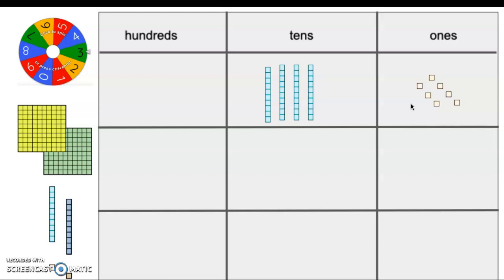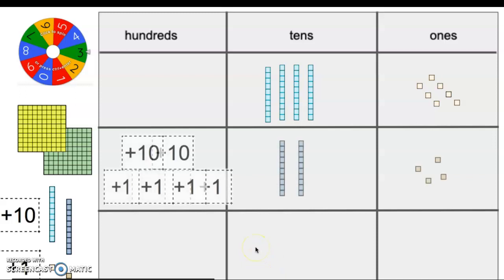Now they're going to decide how many tens and ones they will add to see how many they will have in total. These cards have the plus 10 and plus 1, and they're going to drag them here to see how many tens and how many ones they will add. This student dragged 2 cards of plus 10 and 4 cards of plus 1.